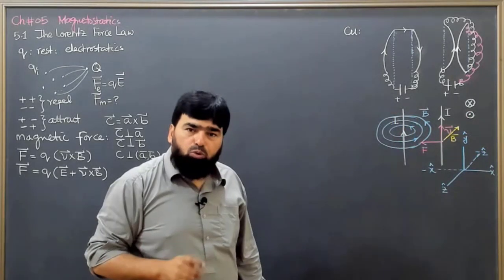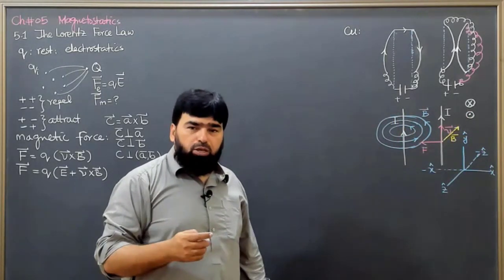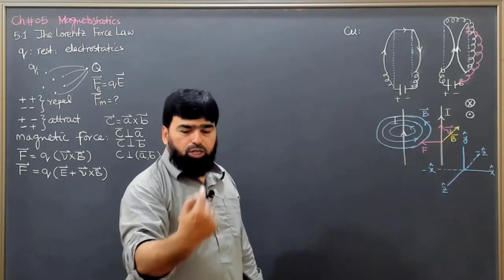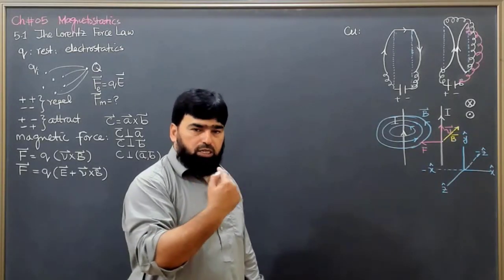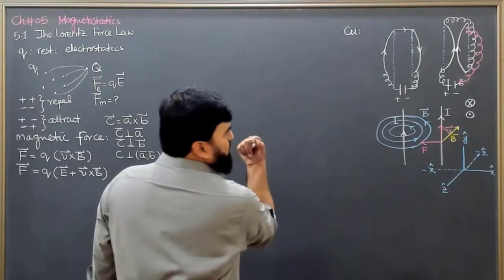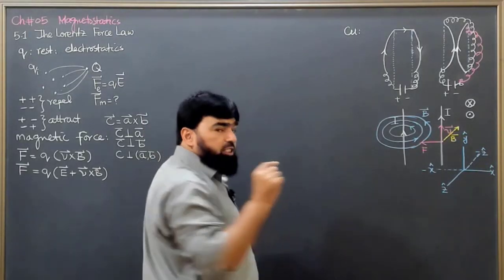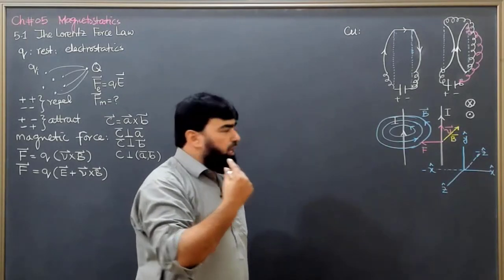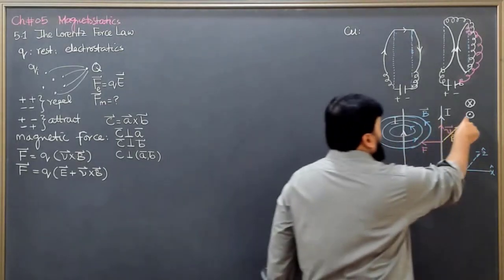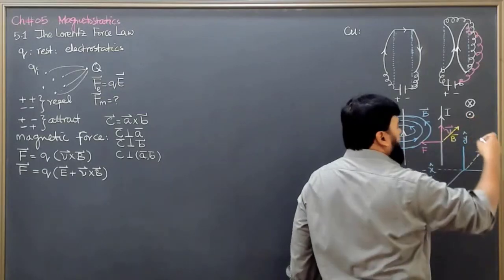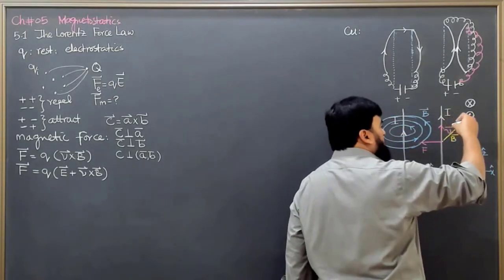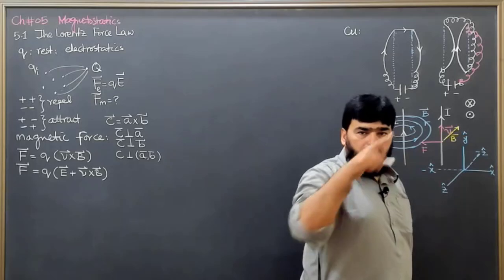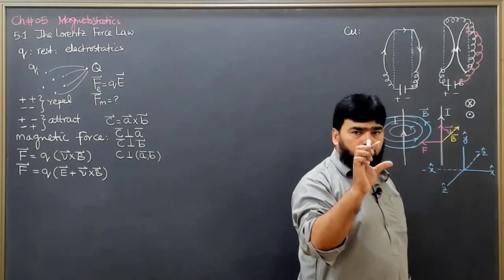I hope you know why we use this: if the arrow is coming out of the board, we will see the tip of the arrow, and it will look like this dot. And when the arrow is going into the board, we will see the cross of that arrow, the tail of that arrow.